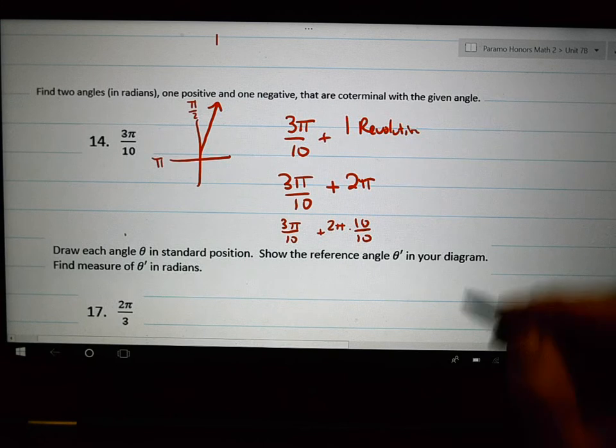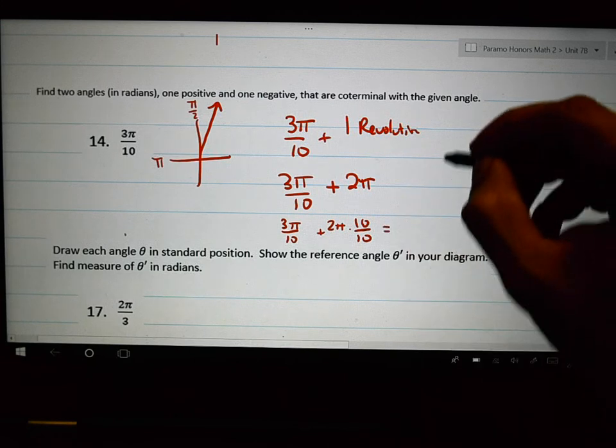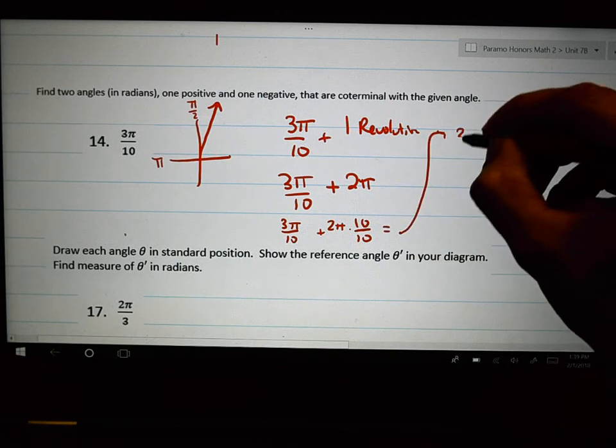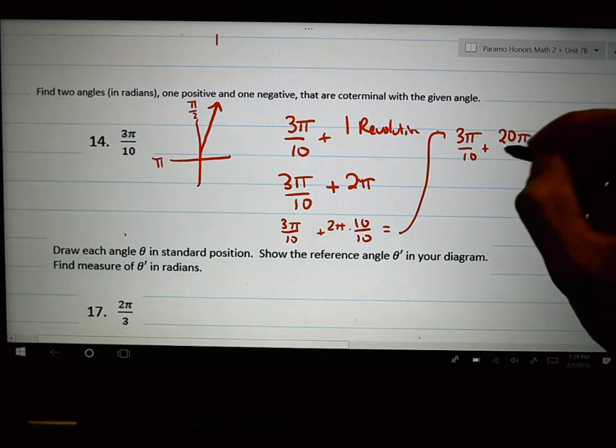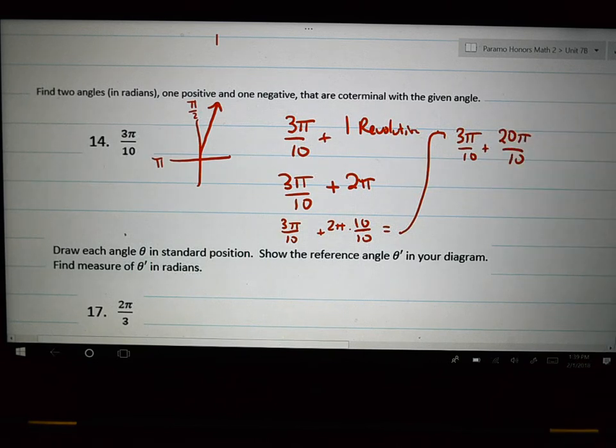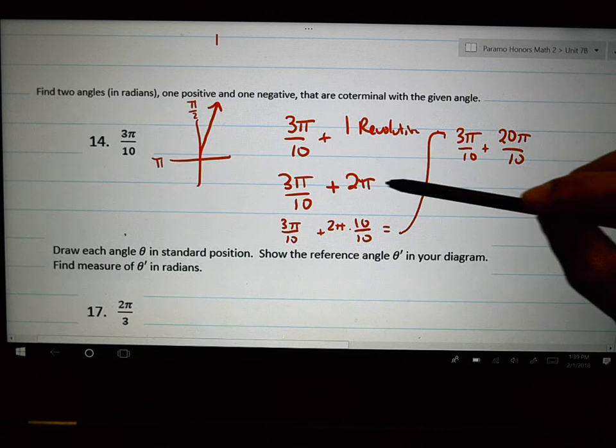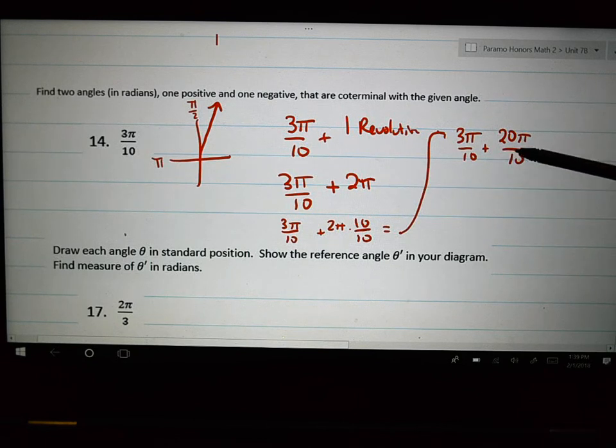I'm going to take this 3 pi over 10, and I'm going to add 20 pi over 10 to it. A lot of you will be able to look at this and say, is 20 pi over 10 the same thing as 2 pi? So really, we're just adding 2 pi to this, but we have to have a common denominator.